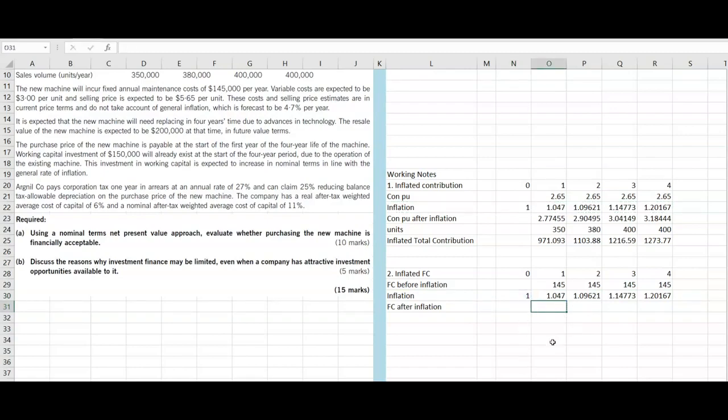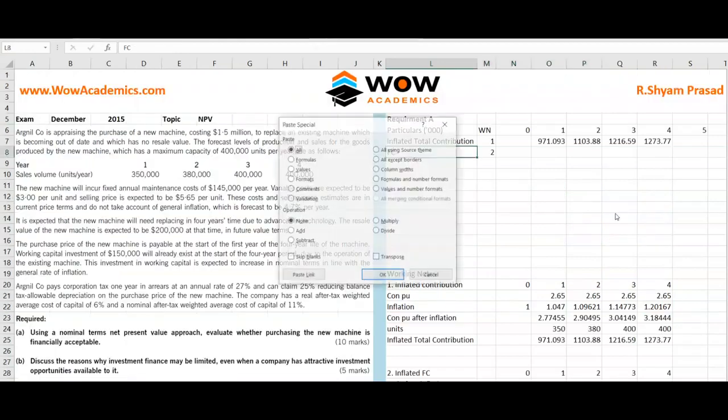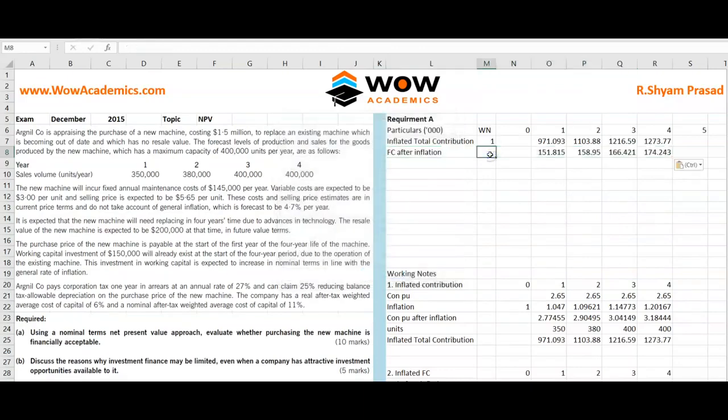We don't want the 0th year, we want the first year. You can just multiply this fixed cost before inflation into the inflation number, and we got our answer. We can just pull it, and we got the fixed cost after inflation numbers. We can copy them all and paste them here, and this is working note number 2.